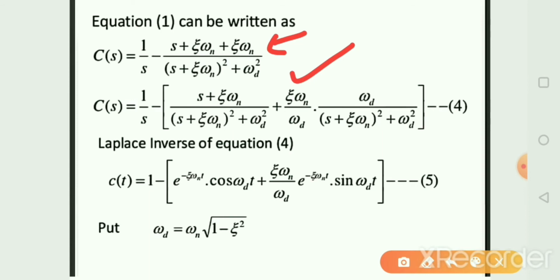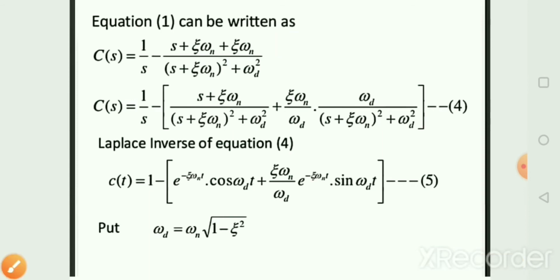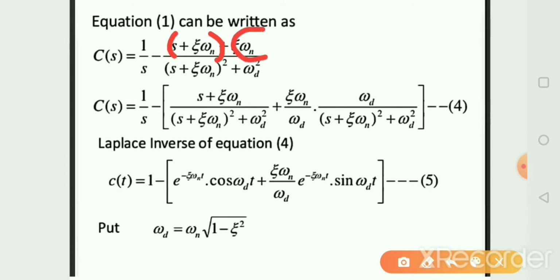Now we take this term with s + ζωn, and the second term is ζωn, with the denominator for both values of the numerator.